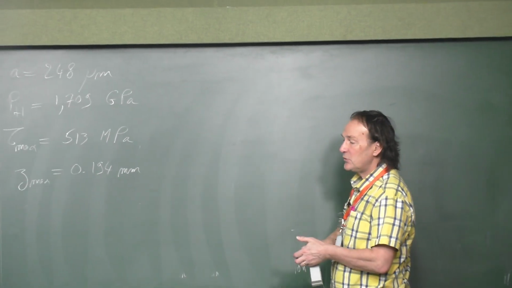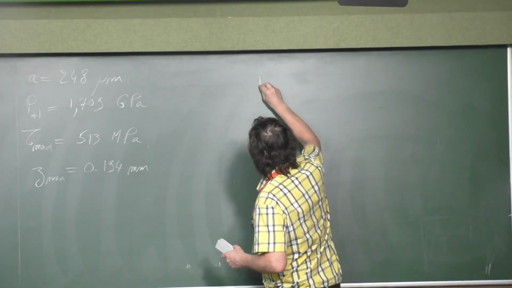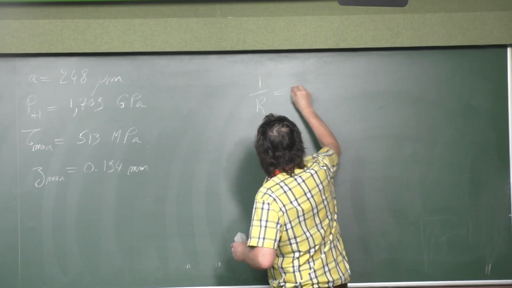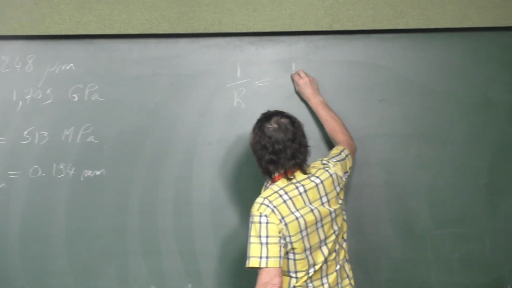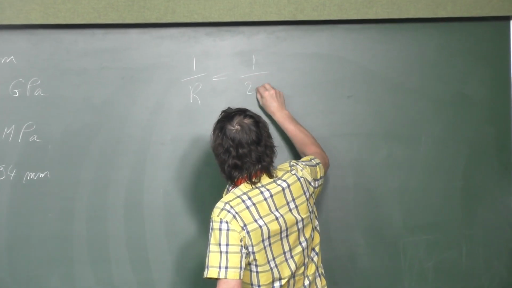The first one is to calculate the equivalent radius. Then I said before that we have two radii of 20 millimeter.